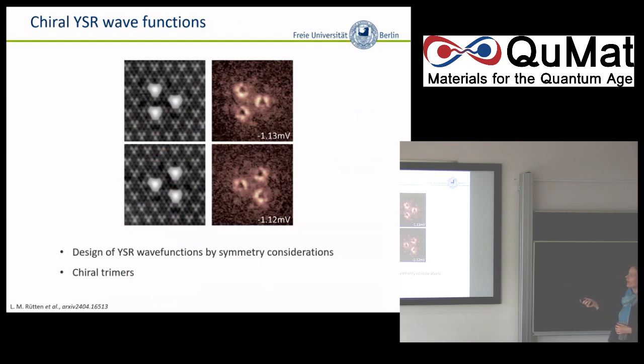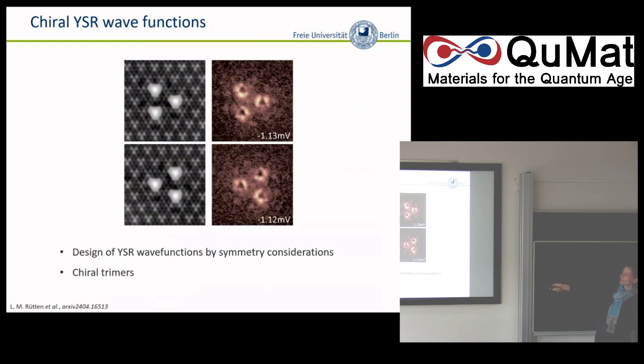If you build triangles with this, for instance in this case, and you map out the Yu-Shiba-Rusinov states, you see they lost the symmetry. They are not each like a triangle anymore, but due to the interference with the neighboring Yu-Shiba-Rusinov state, you lose intensity in this corner of the triangle. Interestingly, this looks like it's rotating in one direction.